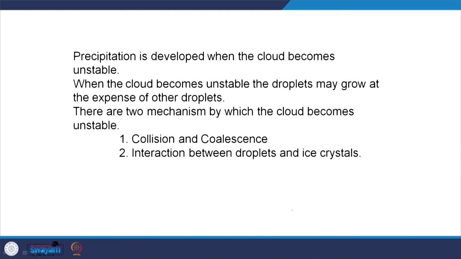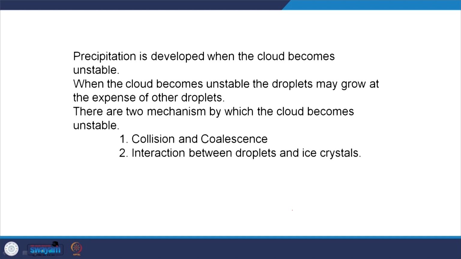Okay. So precipitation is developed when the cloud becomes unstable. Only when the cloud becomes unstable, the precipitation is developed. When the cloud becomes unstable, the droplets may grow at the expense of other droplets. There are two mechanisms by which the cloud becomes unstable. They are collision and coalescence, one mechanism, or interaction with droplets and ice crystals.